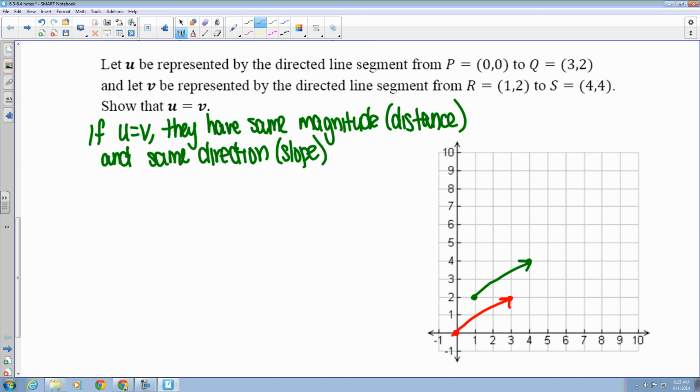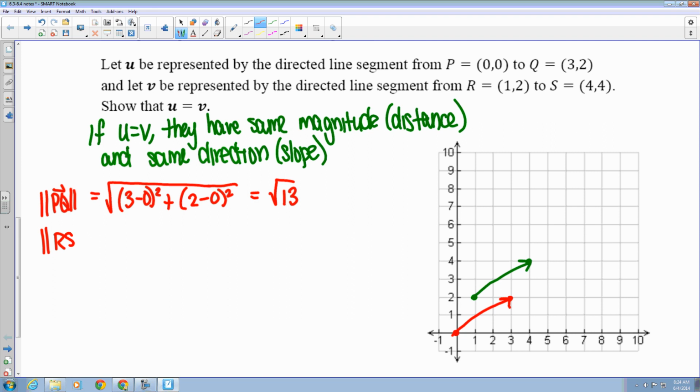Okay, so first we're going to find the magnitude. To find the magnitude of a vector PQ, it's the distance formula. So the square root of second x value minus the first x value, 3 minus 0, quantity squared, plus second y value minus the first y value, quantity squared. So the square root of 13 for the magnitude of vector PQ.